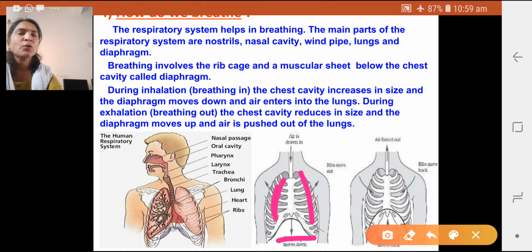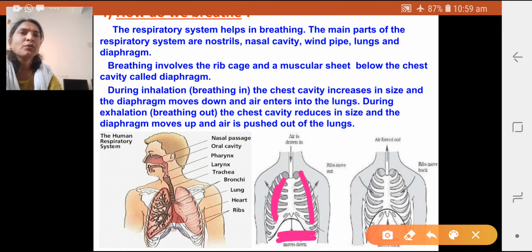The rib cage protects the lung, because the lung is an inner organ situated in the chest and it is protected by the rib cage. This muscular sheet is called the diaphragm, and this diaphragm is also involved in the breathing process.